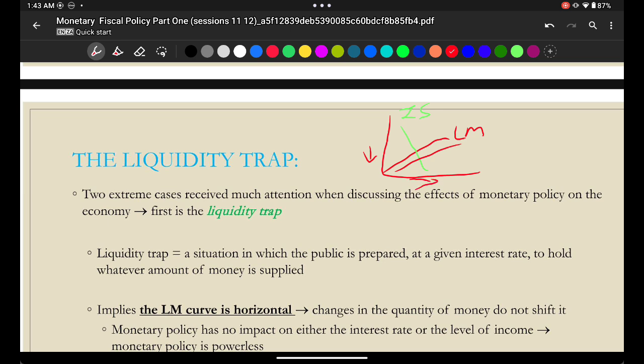This is all good. What if we have a liquidity trap? If we have a liquidity trap, your LM curve is no longer this, it's horizontal. So now your LM curve is horizontal, and your IS curve obviously stays the same.